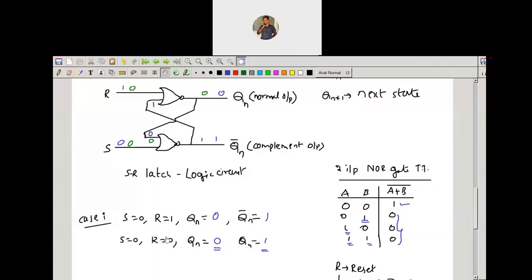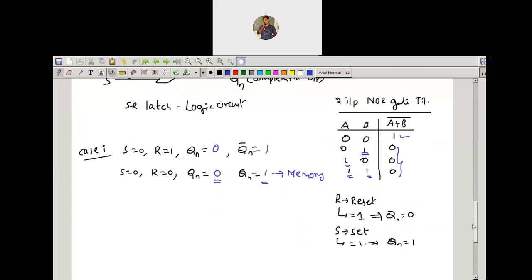Okay, if you want to store the data, we have to make S equal 0 and R equal 0. So this case is called the memory case. Okay, so that's case 1. Let's move to case 2.